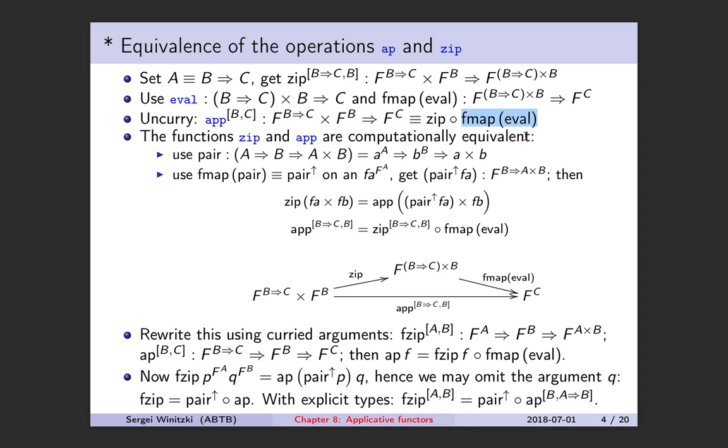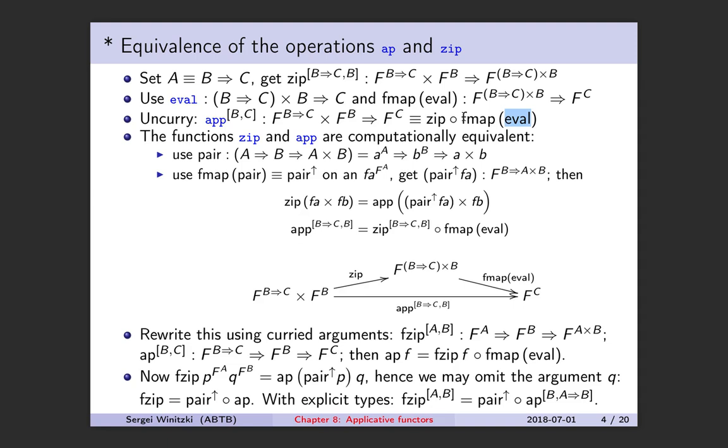So we see again exactly the same pattern, that app is a zip with some fmap, although this is not an arbitrary function, it's a specific function, but it's a very similar pattern, and so it suggests computational equivalence.